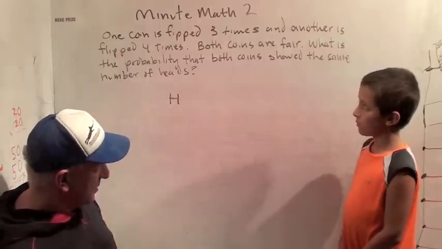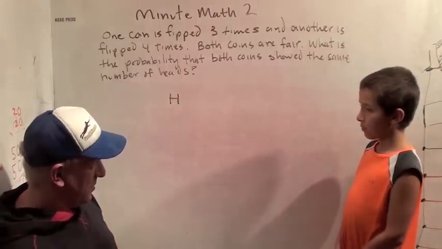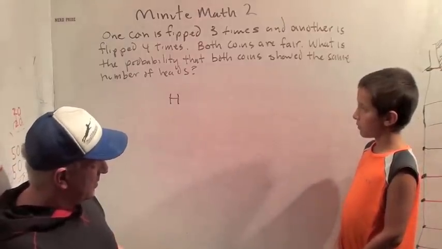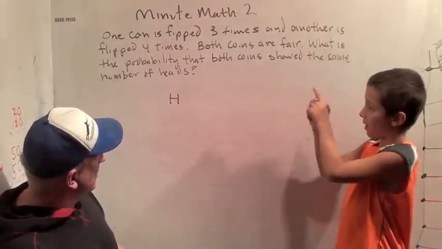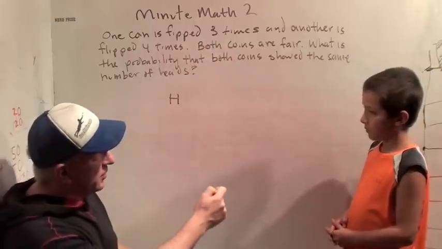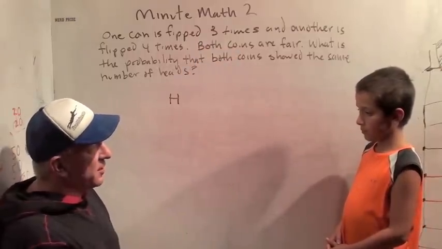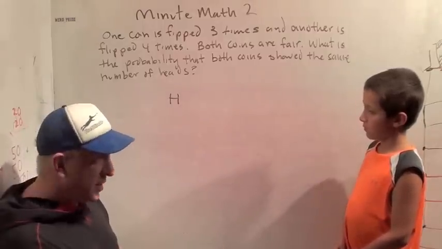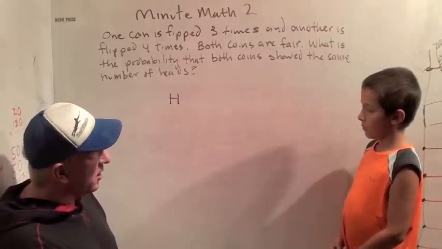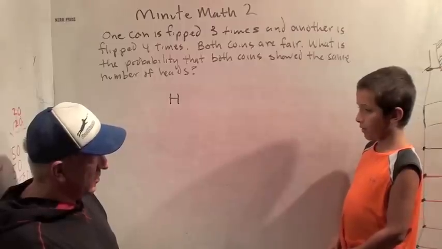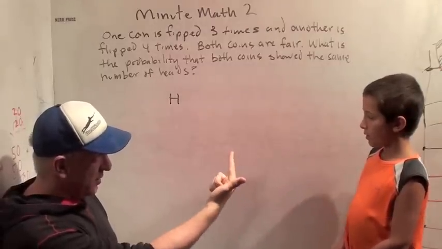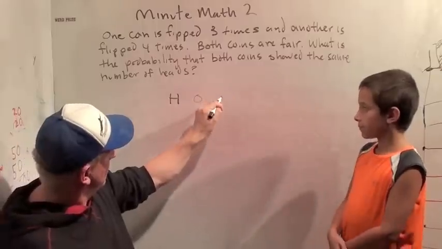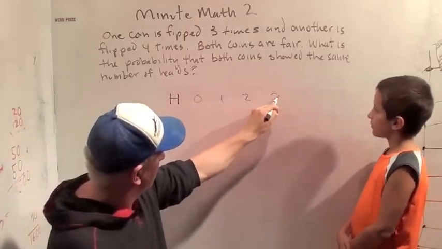You might get heads once out of 3 times, for example. But what are all the possibilities? You get heads 0, 1, 2, and 3.